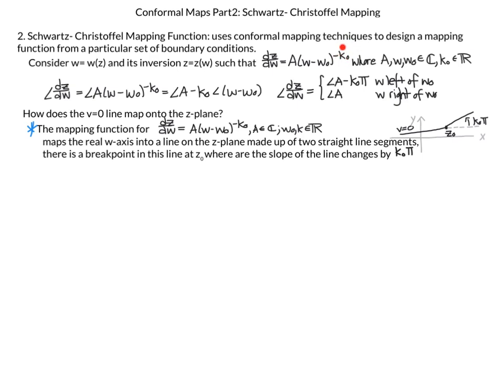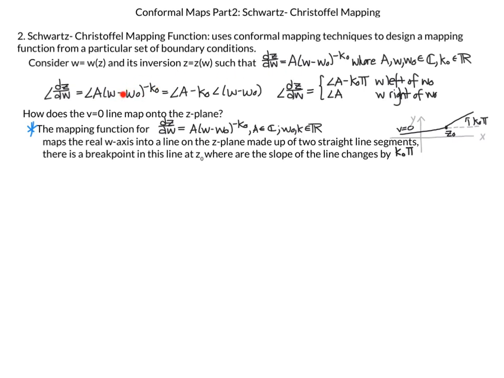It's an exponent. When we want to see how the phase changes now of this dz/dw, we recalled that when we multiply this complex number by another complex number, w minus w naught, what happens to the phase is the angle of this complex number gets added to the angle of the second complex number it's being multiplied by. So in other words, the phase of dz/dw is equal to the phase of A times (w minus w naught) to the negative k naught.